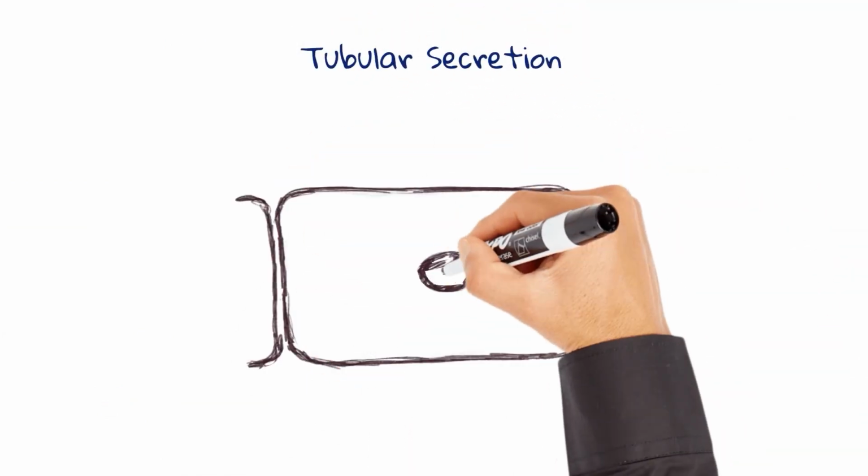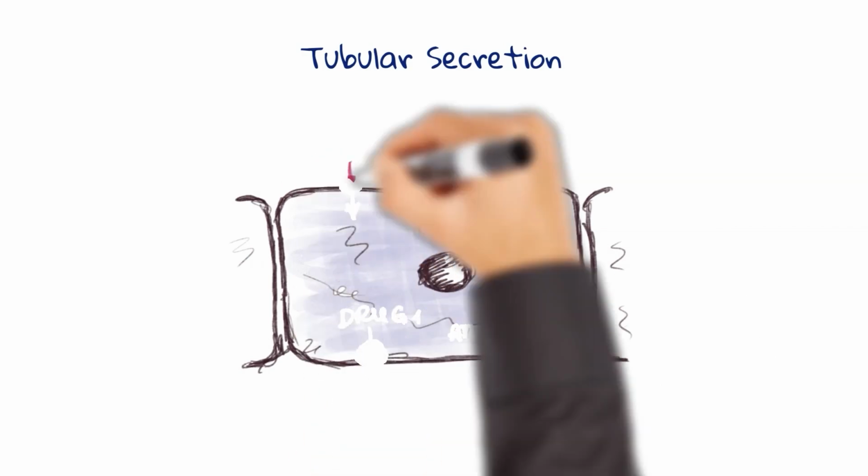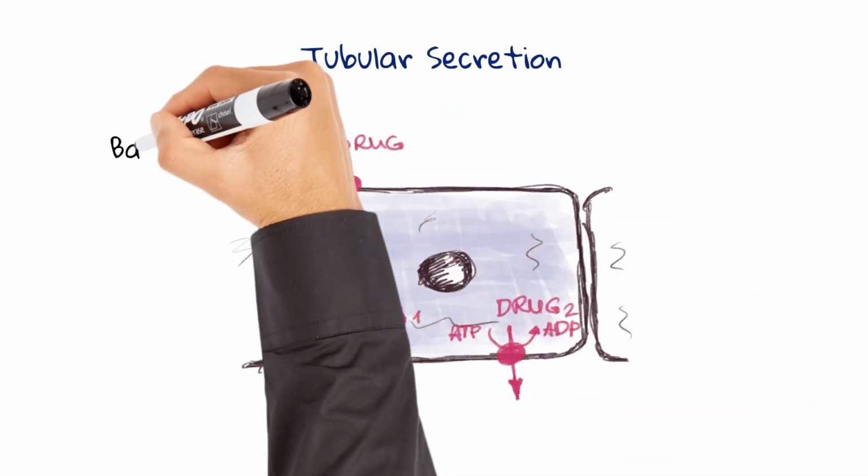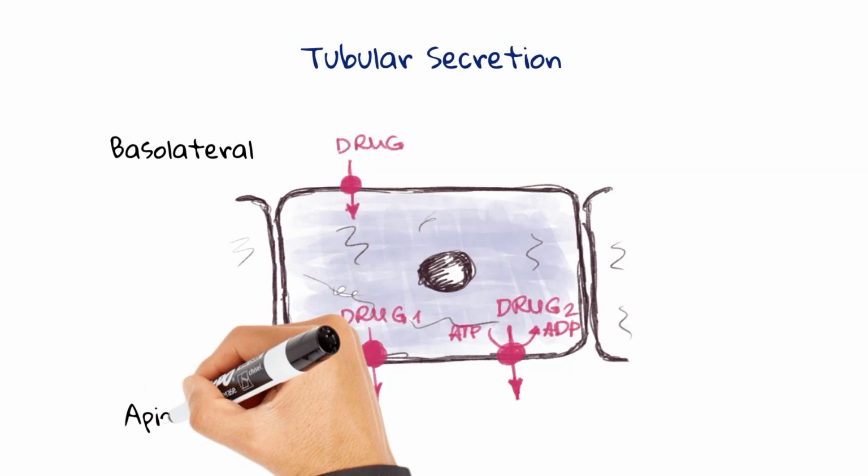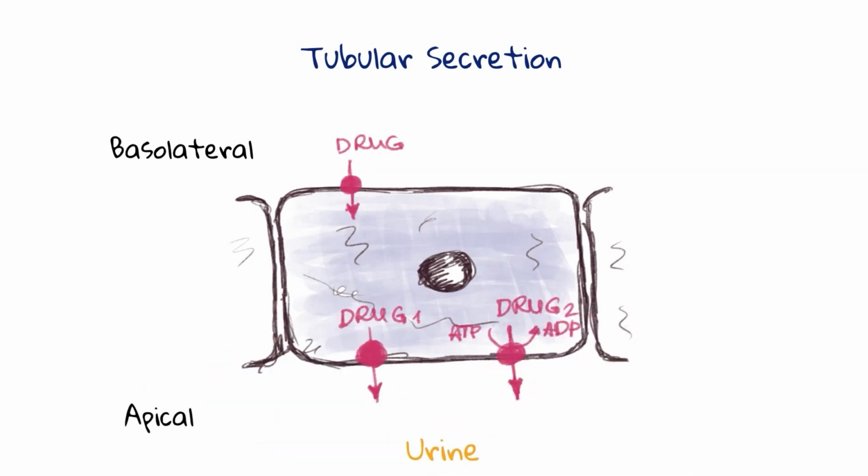The proximal renal tubule has specific secretory transporters on both the basolateral and apical membranes for some specific compounds. Drugs and their metabolites, especially glucuronic acid and sulfate conjugates, may undergo an active carrier-mediated elimination, primarily by organic anion and cation transporters, but also by multidrug resistance-associated proteins.